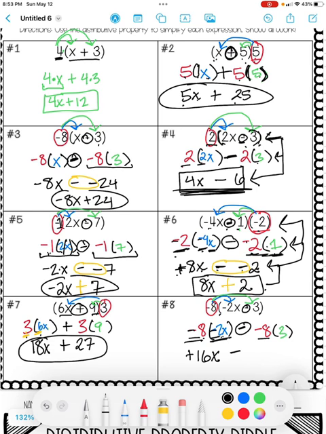And then with negative 8 times 3, I know 8 times 3 is 24. And negative times positive is negative. Okay, 16x's is a variable term, and negative 24 is a constant term, so I cannot combine them. However, minusing a negative really makes something more positive. And I don't have to write the positive sign in front of 16x.